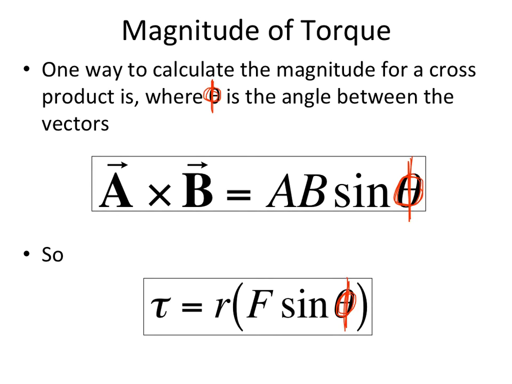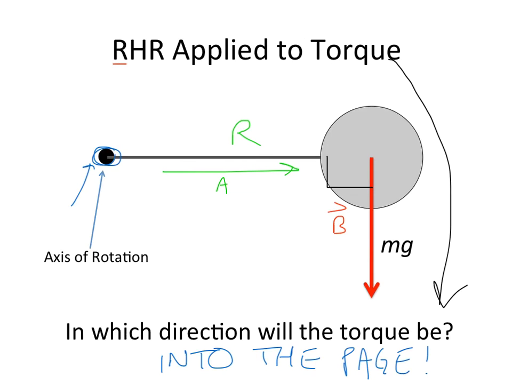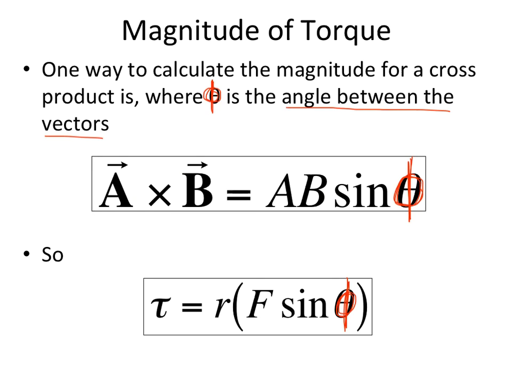That's going to be our angle between the two vectors. Now, if I back up just a second, what's the angle between vector A and vector B? Well, it's 90 degrees. The sine of 90 degrees is 1. So you're multiplying the full value of those vectors, vector A times vector B times 1.